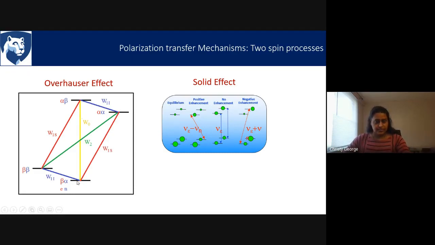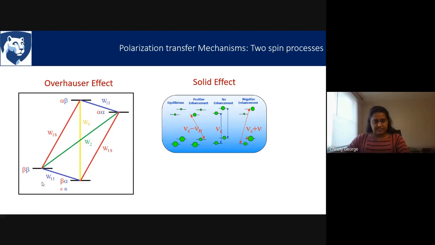Of these 6 possible transitions, the ones shown in blue correspond to an NMR transition, whereas those represented in red correspond to an EPR transition. And for these 4 transitions, if you look at the change in the total M value, that is 1 unit, and these are the allowed transitions.